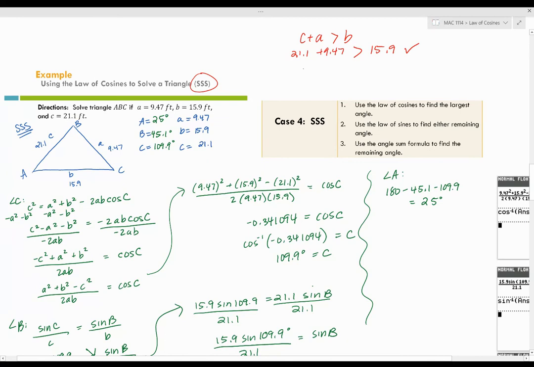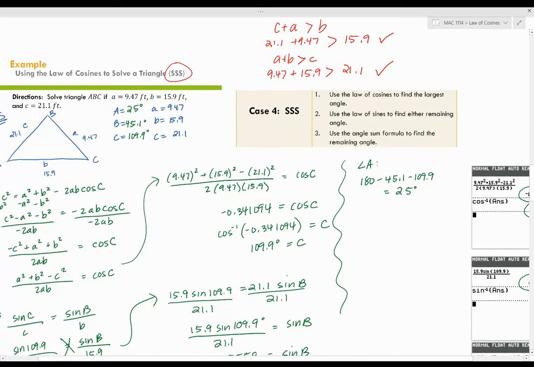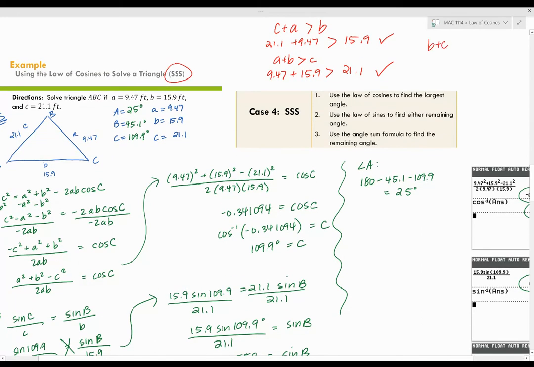If we add a plus b together, is that greater than c? Well, that would be 9.47 plus 15.9. Is that greater than 21.1? Yes. And the last combination, b plus c. Is that greater than a? Well, 15.9 plus 21.1, is that greater than 9.47? It is.